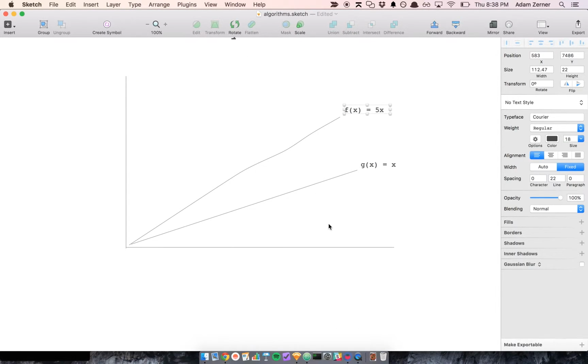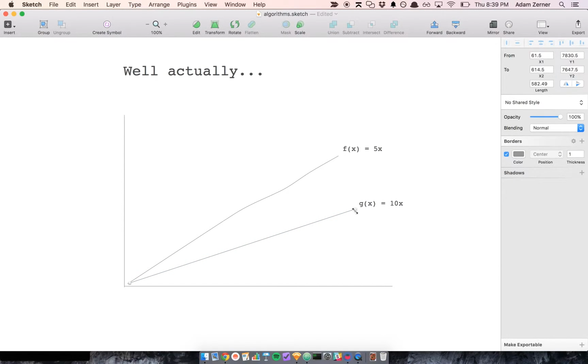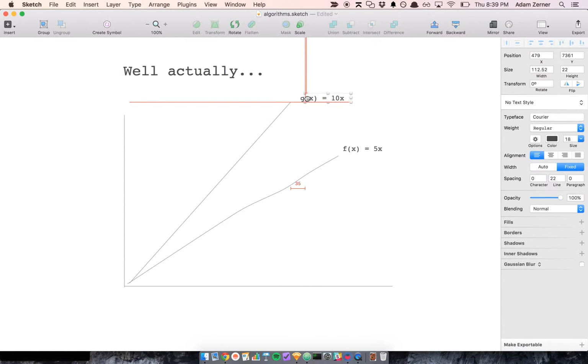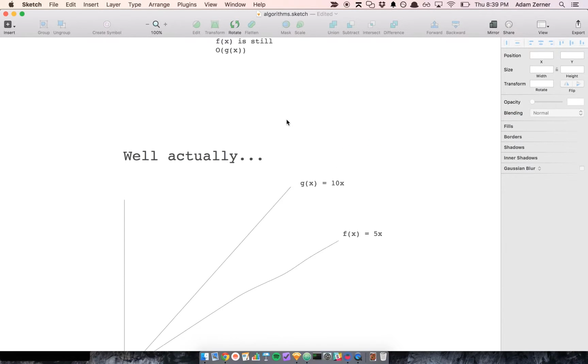But the real definition of big O says that this only needs to be true if there's some coefficient before g of x that makes g of x an upper bound. So if we said that g of x was 10x, we gave it a coefficient of 10, this would actually be up here, and it would indeed be an upper bound of f of x.